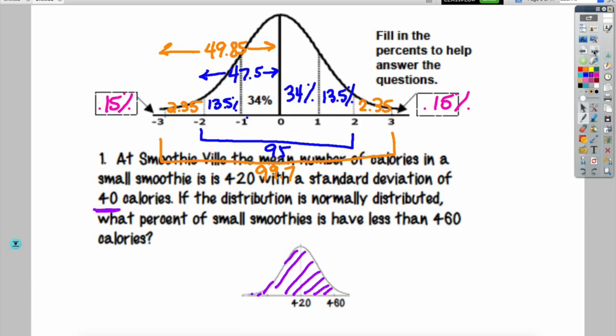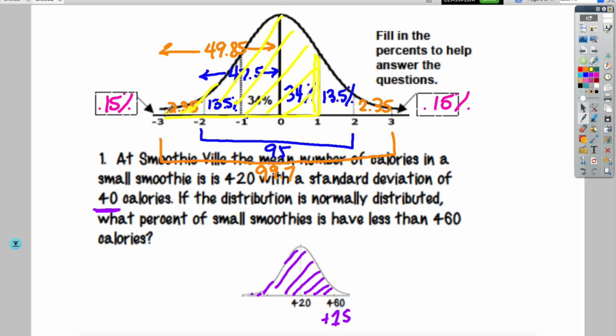What is 420 plus 40? So right here, this represents one standard deviation away from your mean, which means on your bell curve, that is here and everything less than it. You see that?